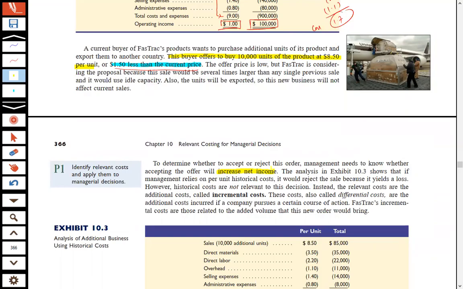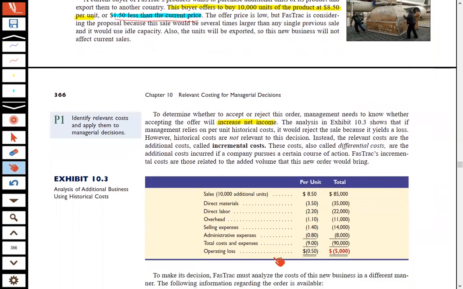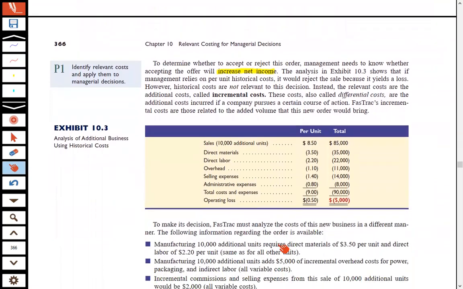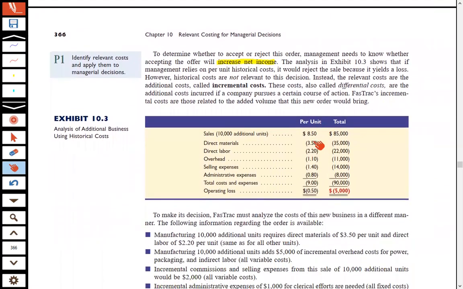The analysis in exhibit 10.3 shows that if management, okay, this is the solution. Now this is per unit 8.5.